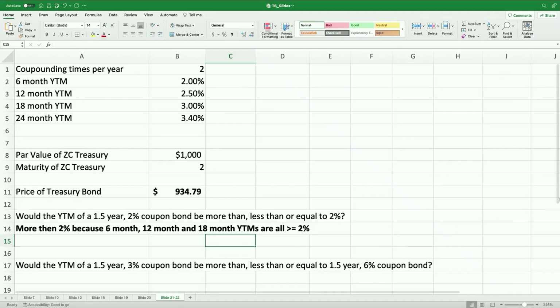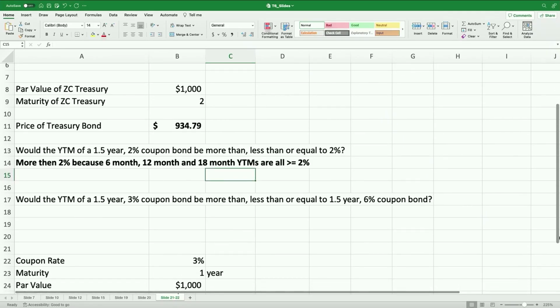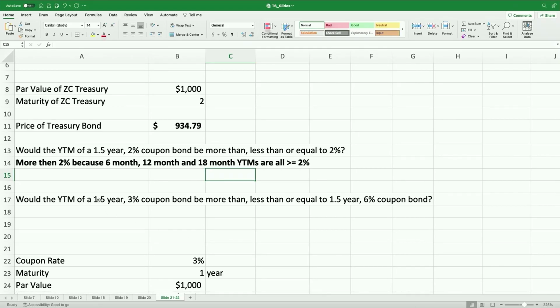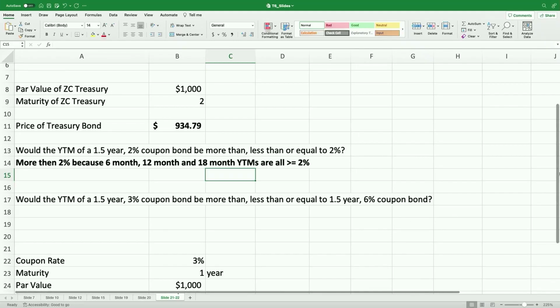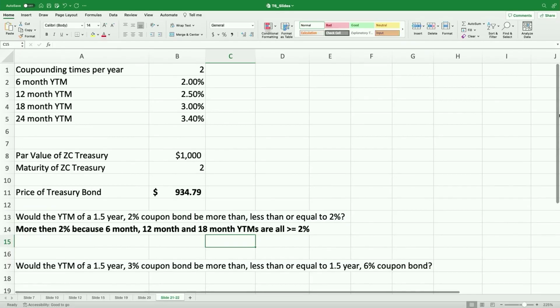Good. All right, next question says, would the yield to maturity of a 1.5-year 3% coupon bond be more than, less than, or equal to a 1.5-year 6% coupon bond? Okay. All right. So let's look at a timeline again.